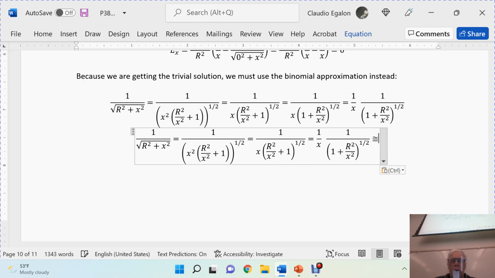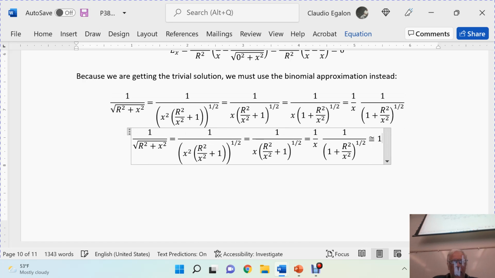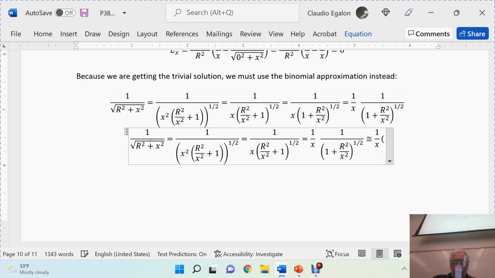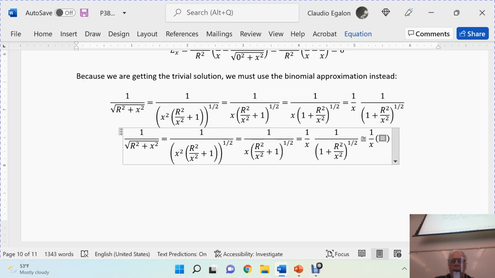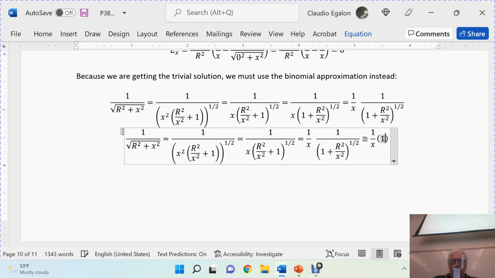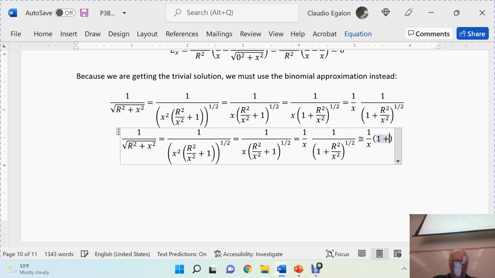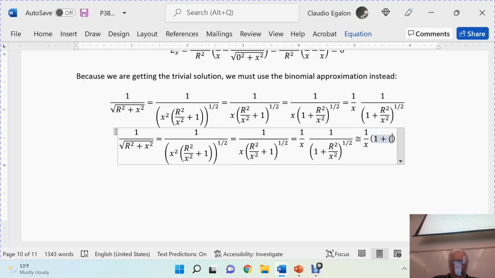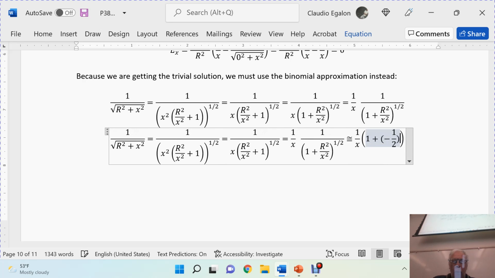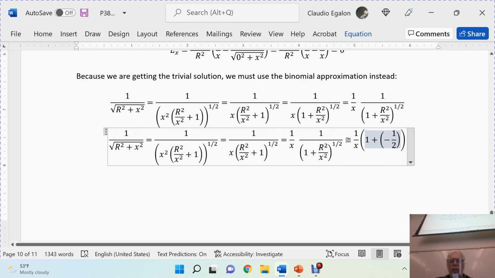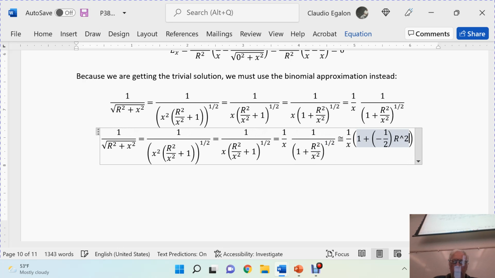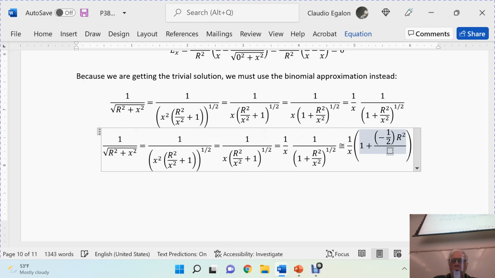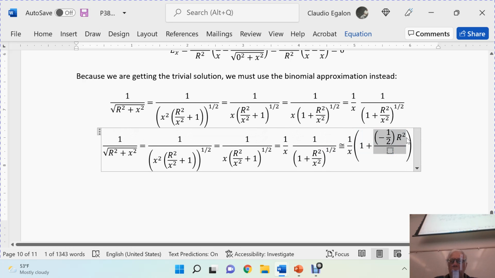Let's see if I have space here to do that. Binomial approximation states that it's gonna be like 1 plus minus half, which is the power of this guy here, minus half r squared divided, oh, I don't want the r squared there.